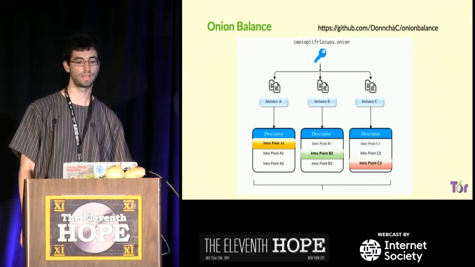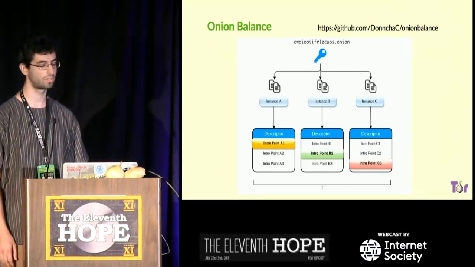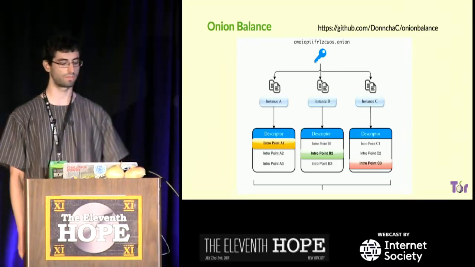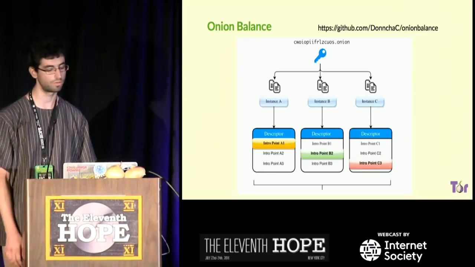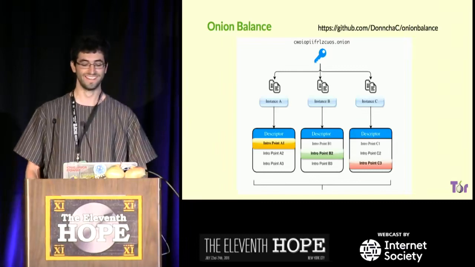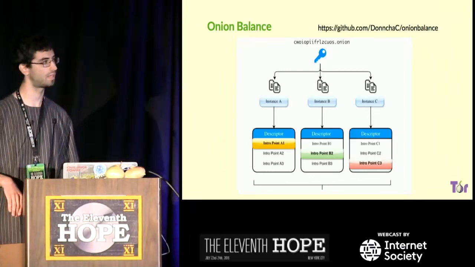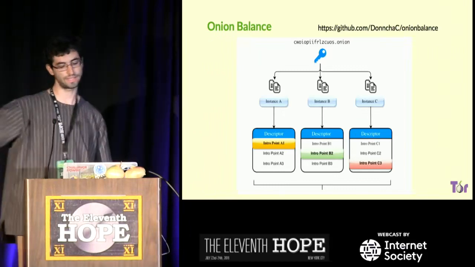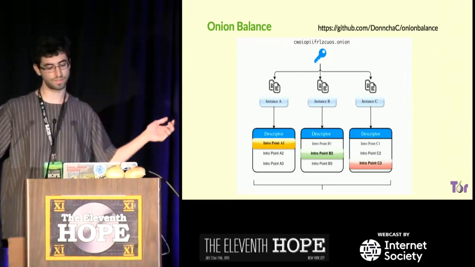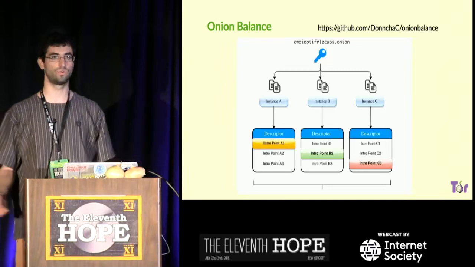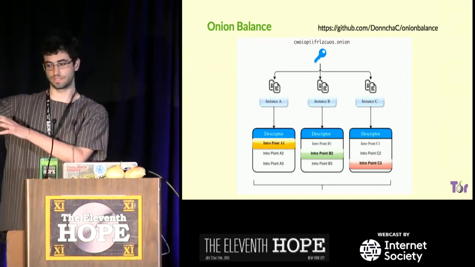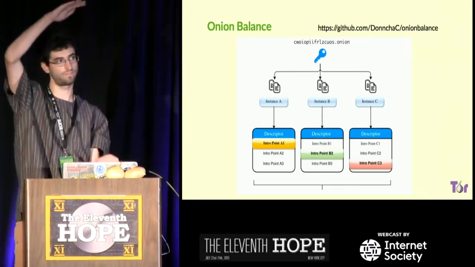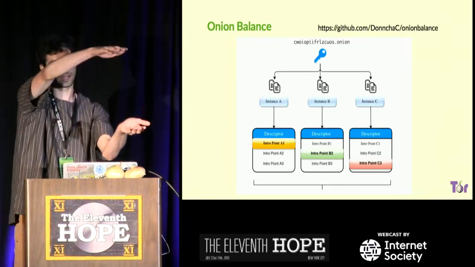So we have this software called Onion Balance that we have not actually promoted at all for some reason, but you guys should know it. It's basically a way to set up multiple identical hidden services, say 8 or something, and then you take all these hidden services and you build a super descriptor that contains all that information, and you use that as your address.